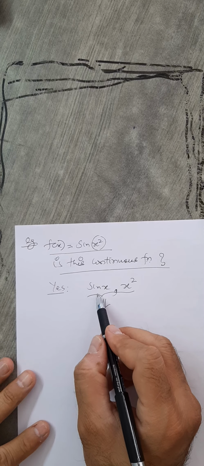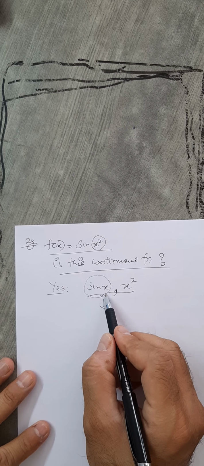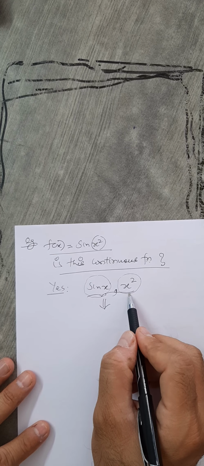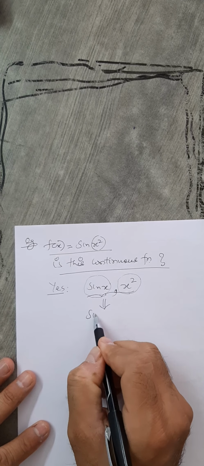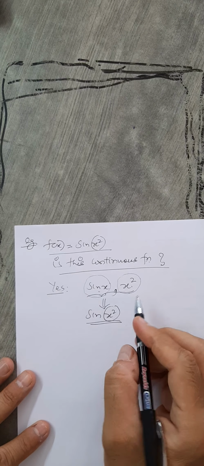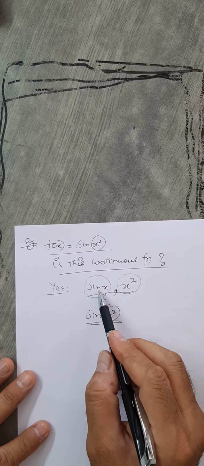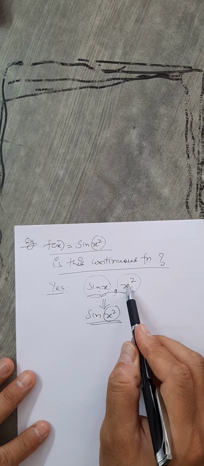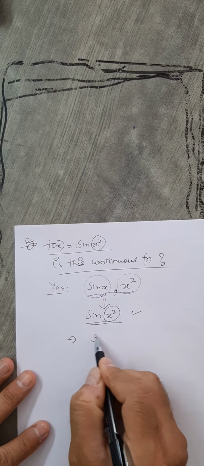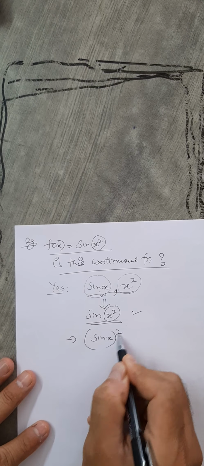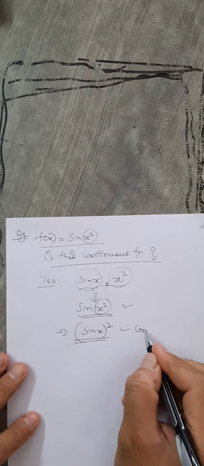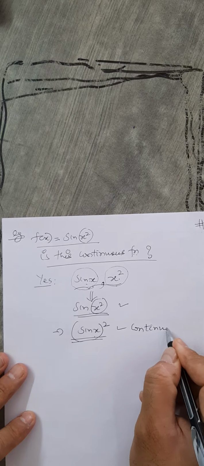Every trigonometric function is always continuous. This is a polynomial, a quadratic, which is also continuous. Sine of x square is a composition of these two, so it is a composition of two continuous functions, and therefore it is continuous. Even if I had written sine square x, this is also a composition of sine x and x square, so this is also a continuous function.